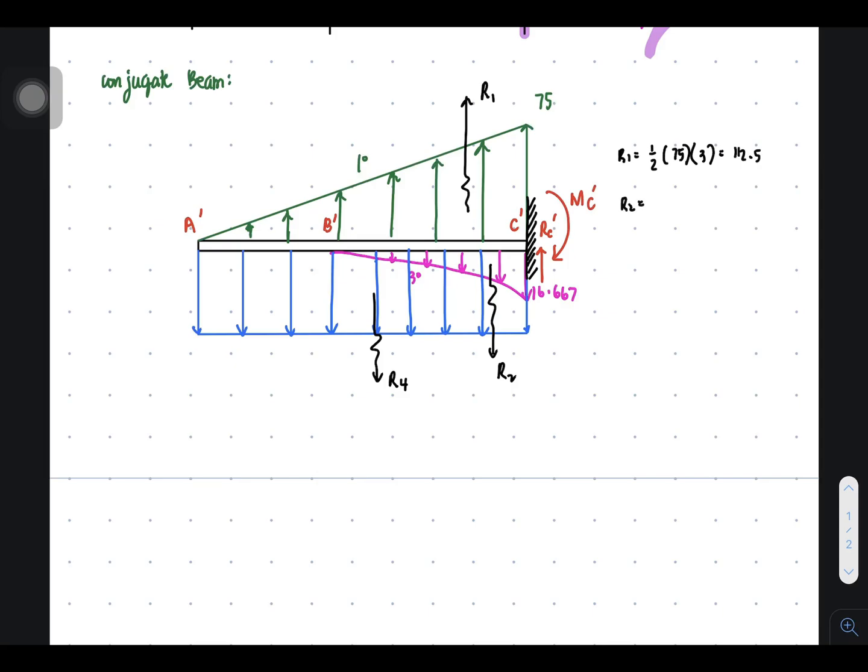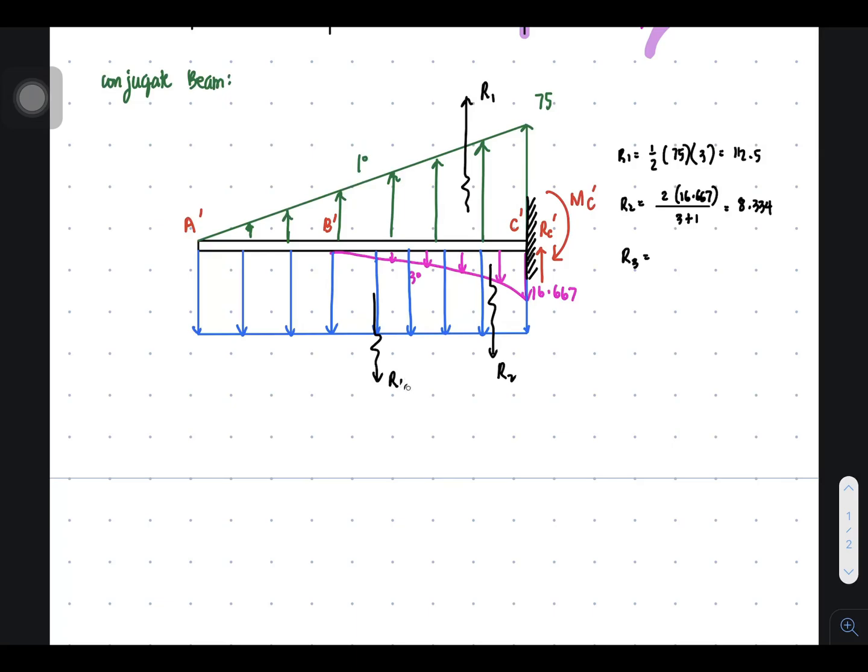And then R2 is base, the base is 2. The height is 16.667, n plus 1, so this is 3 plus 1. Okay. So that's 16.667 divided by 2. It's 8.334. Next, R3.